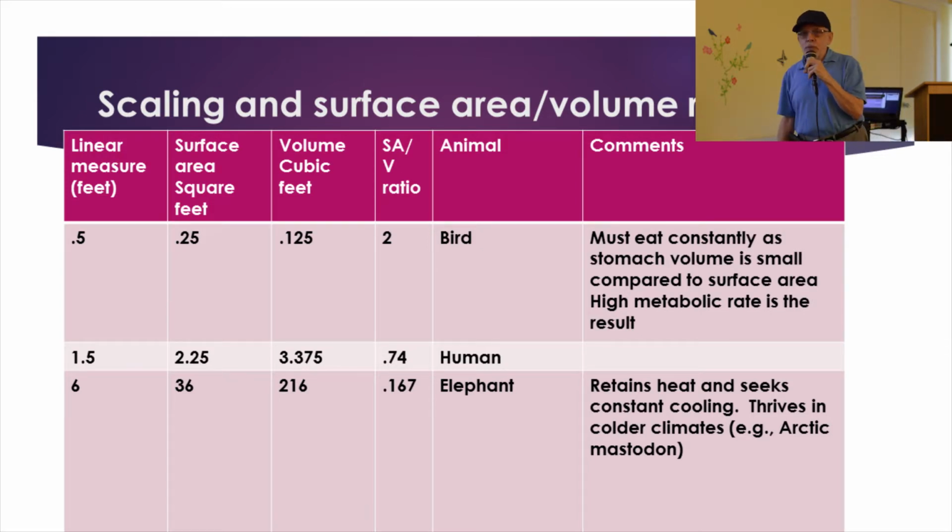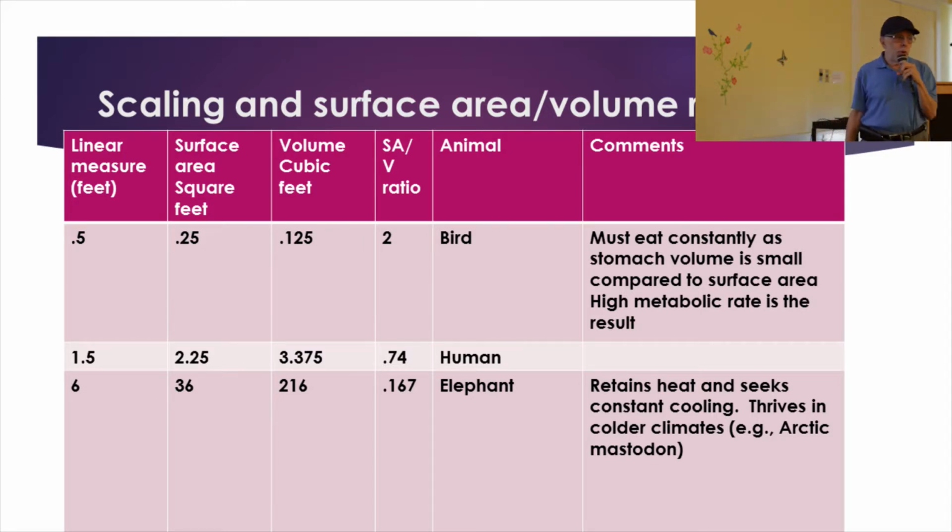So 0.5 cubed is 0.5 times 0.5 times 0.5 is 0.125. So the ratio of surface area to volume for a bird is about 2. Okay? So if we divide 0.25 by 0.125, we get 2.